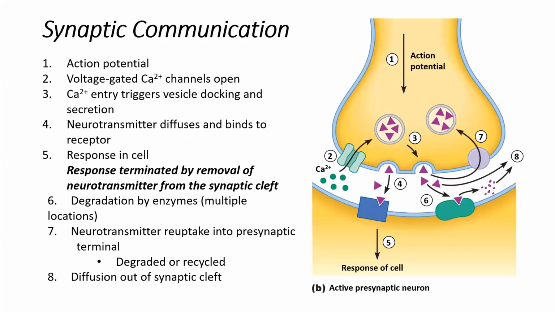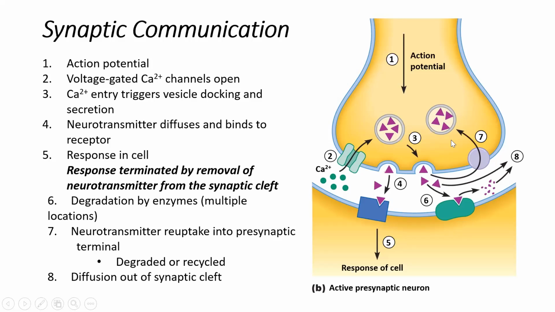So this is a summary of those exact events. We've got the action potential traveling down here again, just to repeat this so that we're getting more comfortable with this. The action potential traveling down is step one. It triggers the opening of this voltage gated calcium channel such that calcium can rush in. Calcium rushes in and triggers the vesicle docking and secretion.